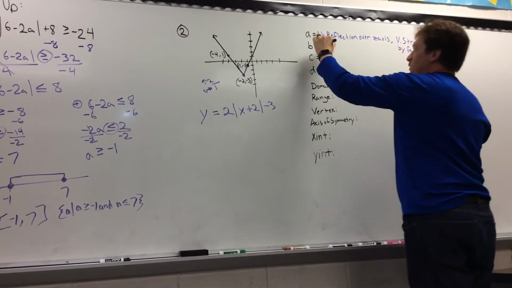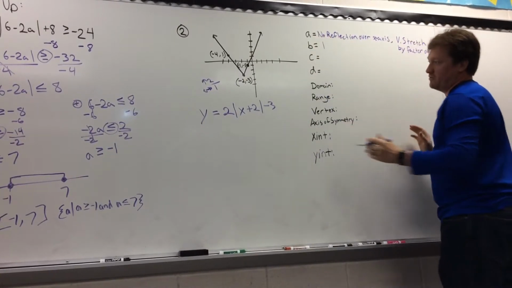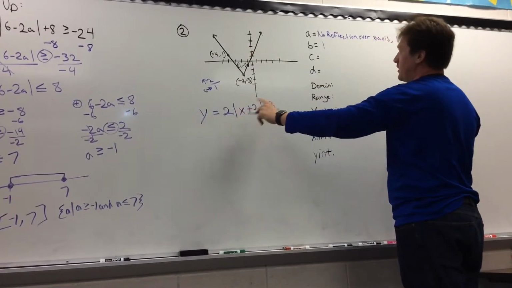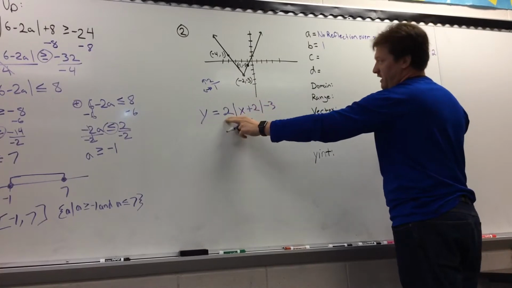Your B value is 1, so there's no changes on the B value because we're given the graph.